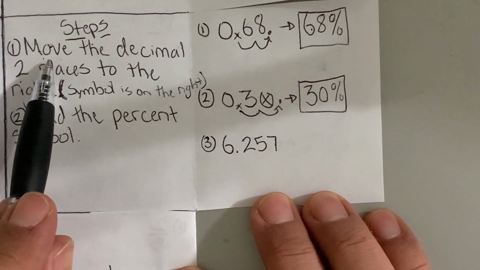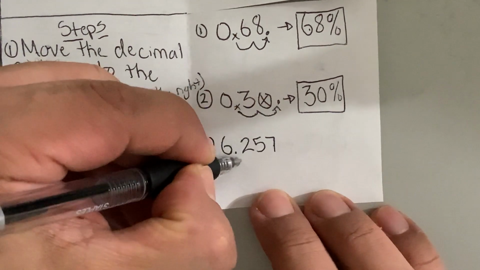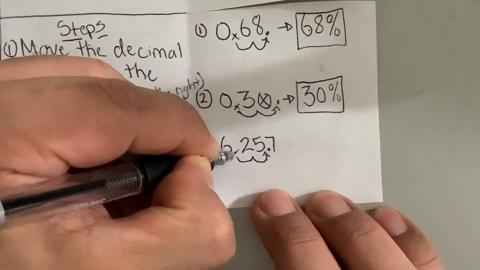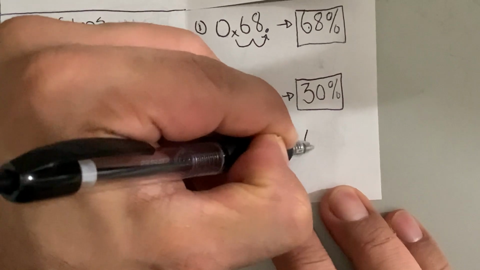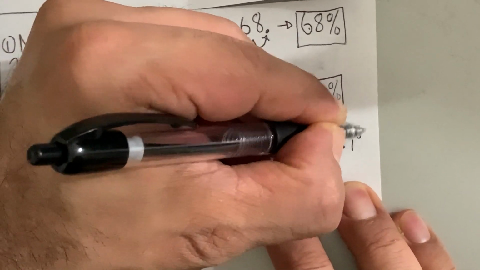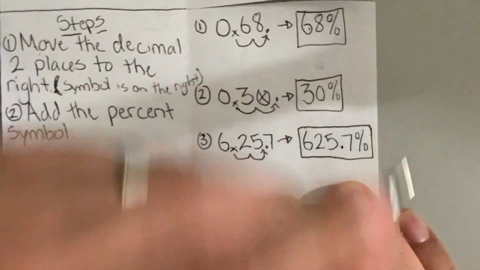So we're going to move the decimal 2 places to the right. We're going to go 1, 2. That's where the new place value is going to be. So this percent is going to be 625.7%. It's a big percent, but again, same rules apply. That's what we're going to do.